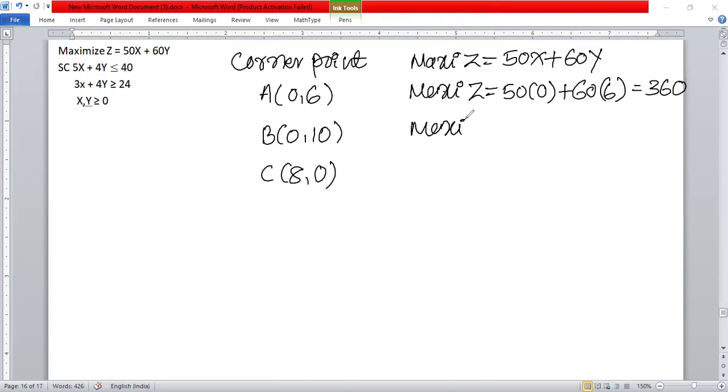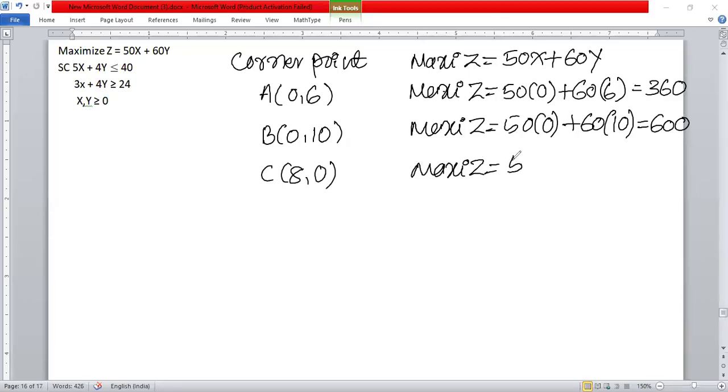So maximize Z is equal to 50 open bracket 0 plus 60 open bracket 10, which is equal to 600. So maximize Z is equal to 50 open bracket 8 plus 60 open bracket 0, so 400. So here highest, because they ask maximize here.